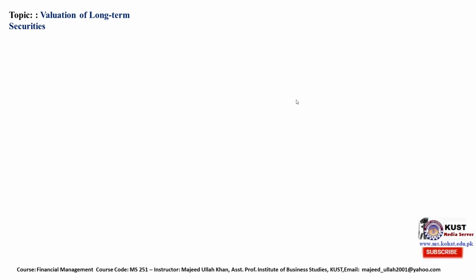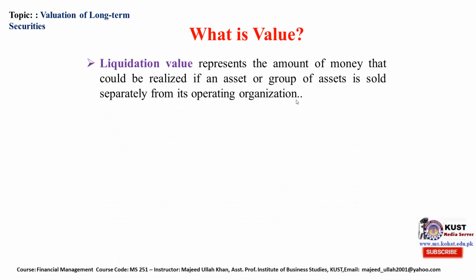Moving further, what is value? First, liquidation value. Liquidation value refers to the amount of money that is received when the company goes bankrupt and the assets are sold separately in the open market. In case of liquidation, the company is no more a going concern and is unable to pay its short-term obligations.